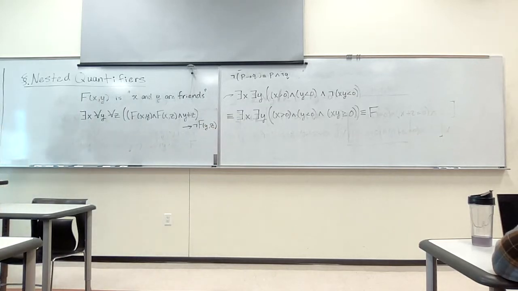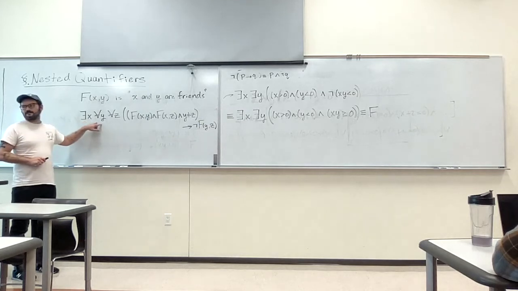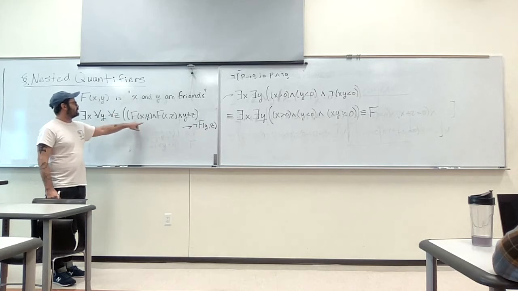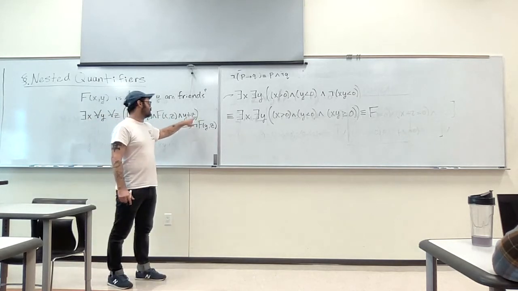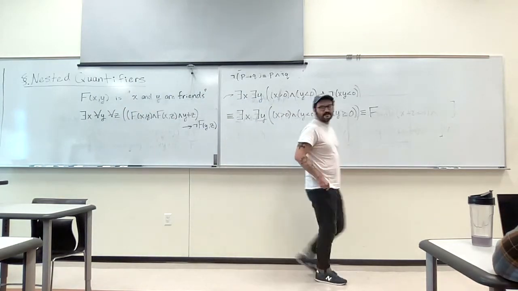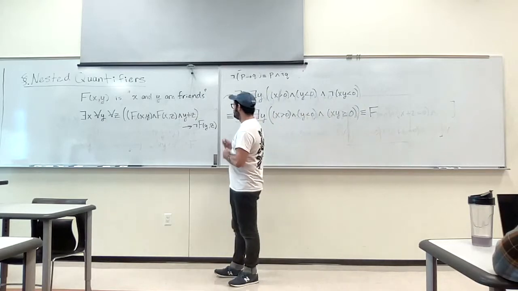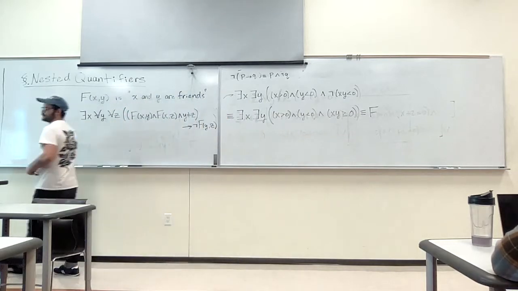So there exists x for all y and for all z, such that if F(x, y) and F(x, z) and y is not equal to z, then it is not the case that F(y, z). Well, we have to translate it.